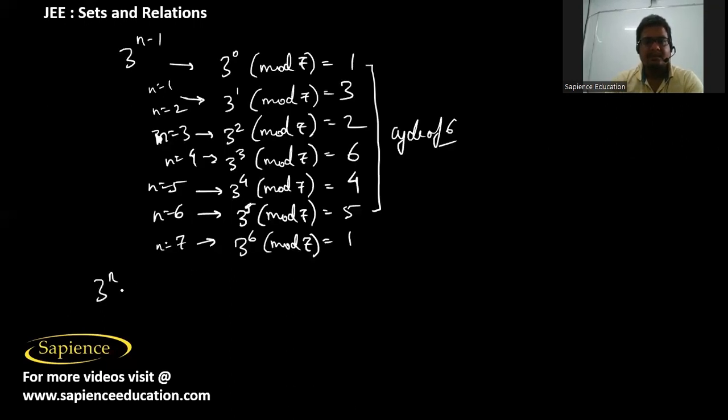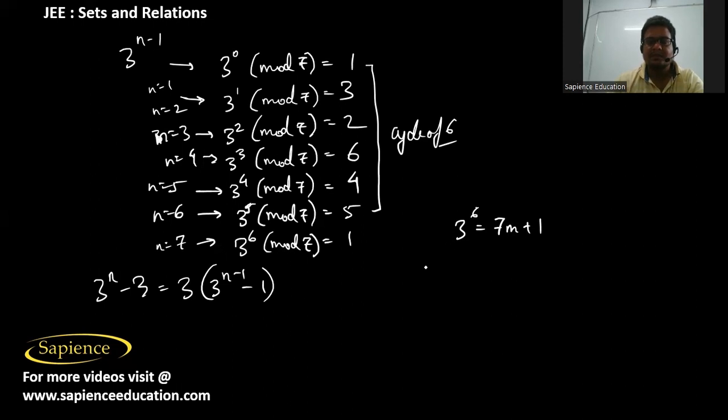Now 3 power n minus 3: if we take 3 as common, we can write 3 times (3 power n minus 1, minus 1). So here we can see that 3 power 6 is of the form 7m plus 1, so the remainder is 1 when we divide by 7.